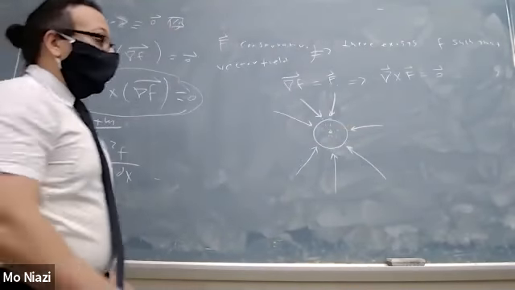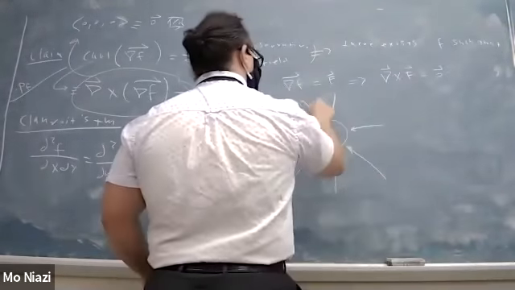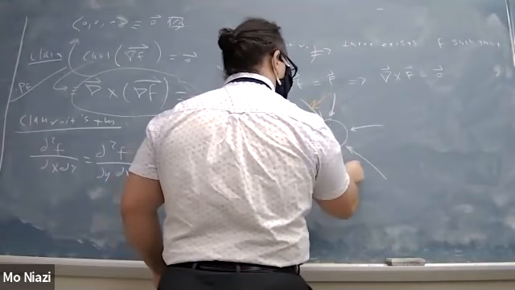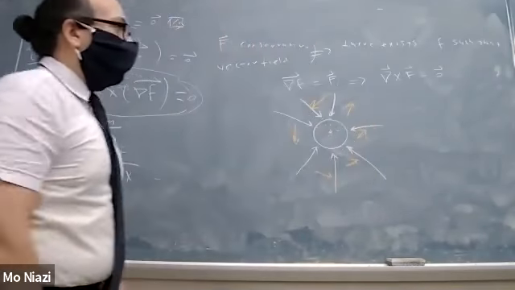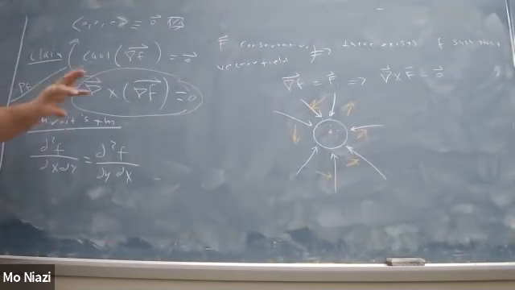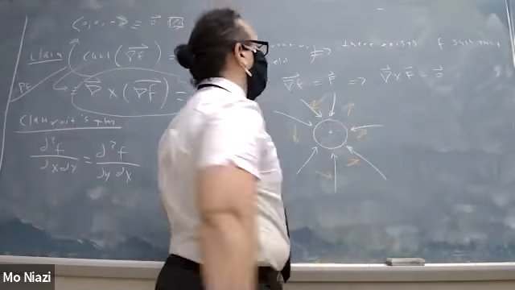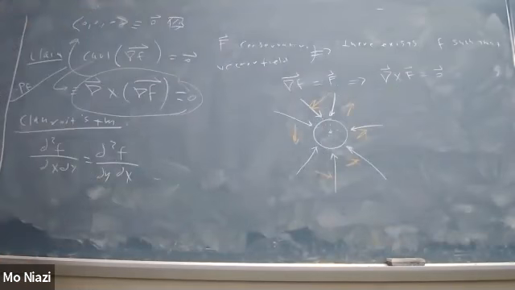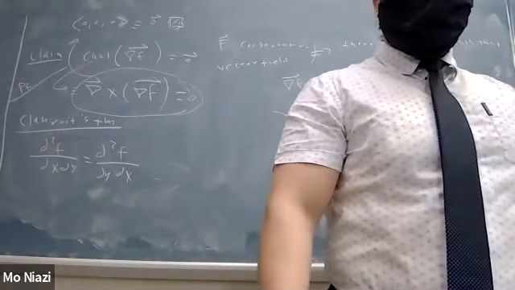If they were doing some funky stuff where instead of that they were doing this, this would have a non-zero curl. You see that? Because the vector field seems to be twisting. So clearly, if you have a non-zero curl, the vector field can't be conservative. So our vector fields are only conservative when we have zero curl.